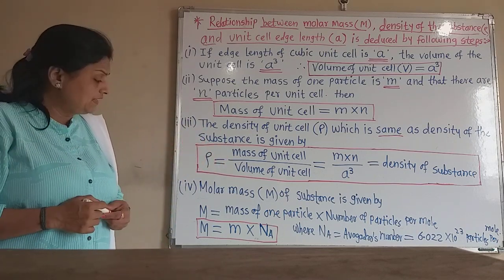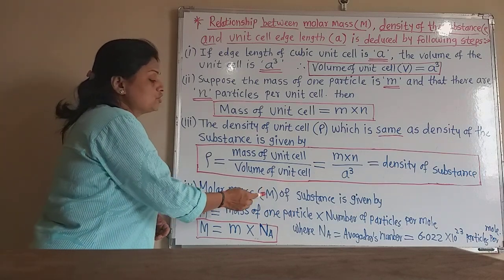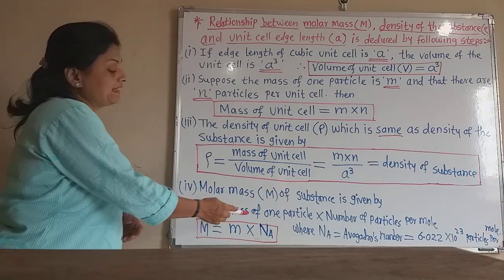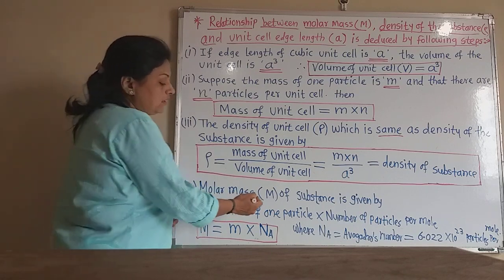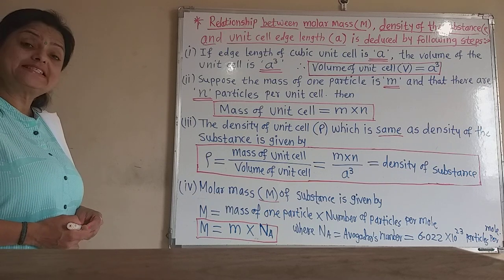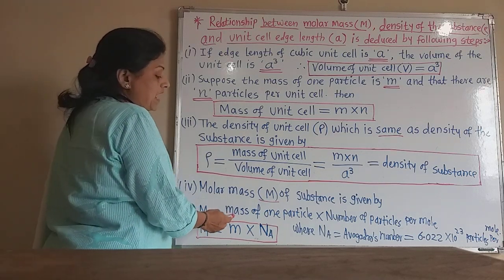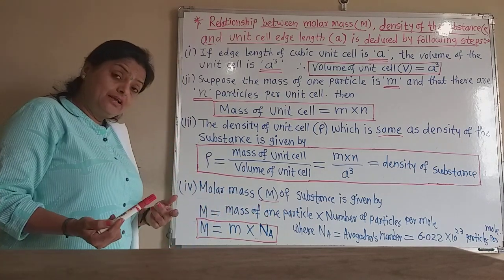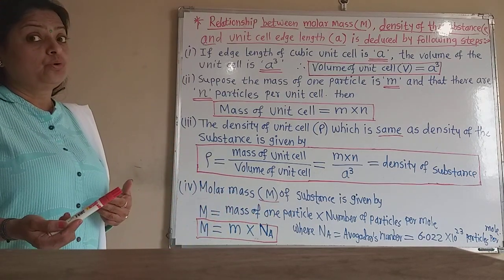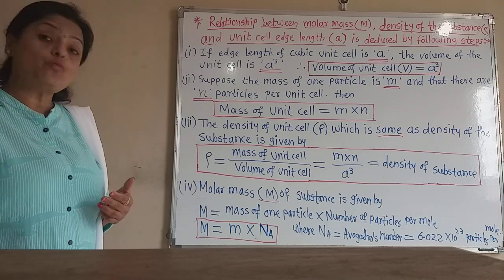Then the next one is the formula to calculate the molar mass of the substance. It is denoted by capital M. Molar mass of the substance is given by, that is, capital M is equal to mass of one particle into the number of particles present in 1 mole.